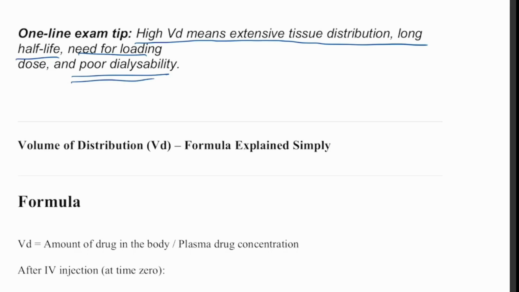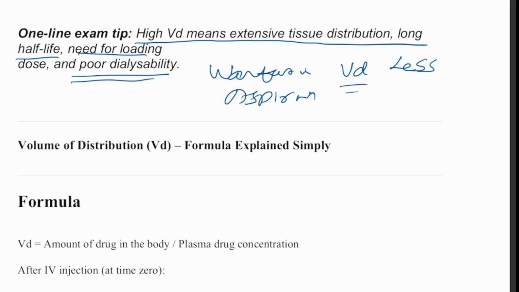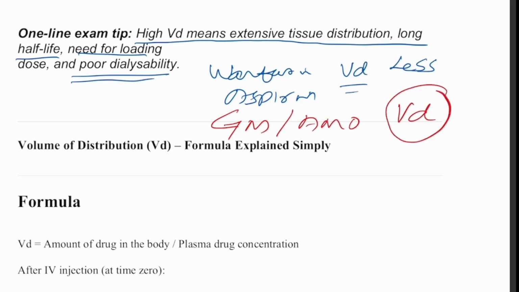Now we go into a little example. Take warfarin. Warfarin is a drug whose volume of distribution is less. Aspirin is another example. Volume of distribution is less. Whereas gentamicin, amoxicillin, volume of distribution is high.